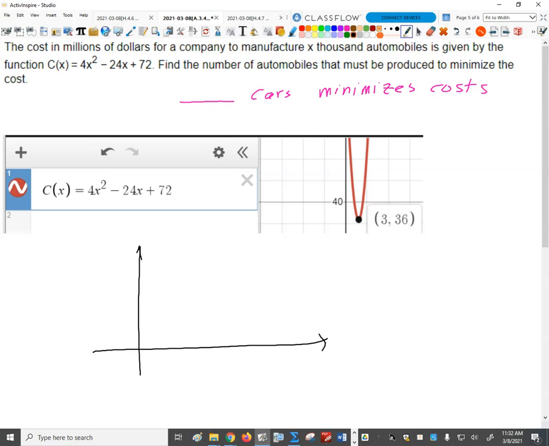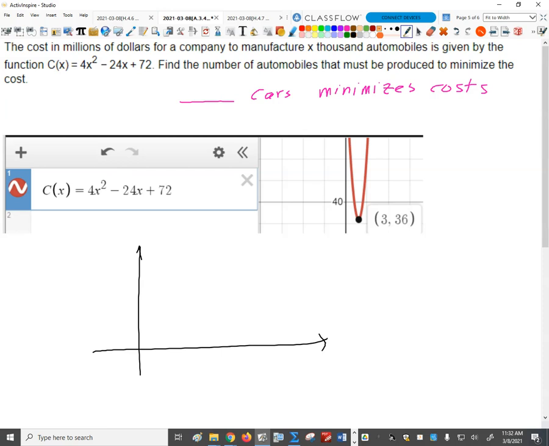Type it in chat. Here's my function right here. What's my input variable? Is it X or C? It's X, isn't it? Good.